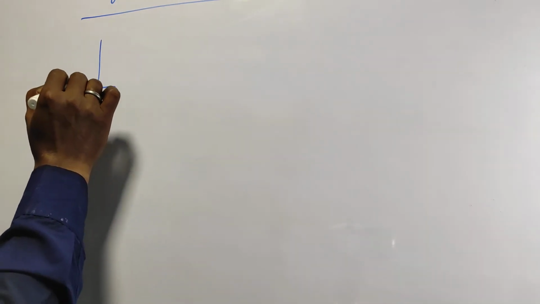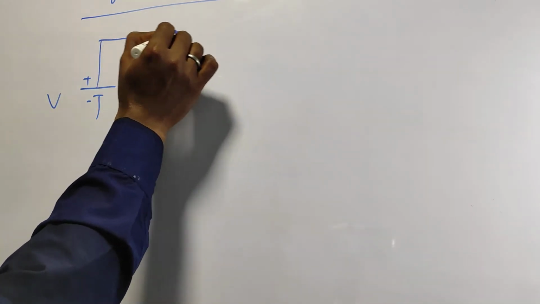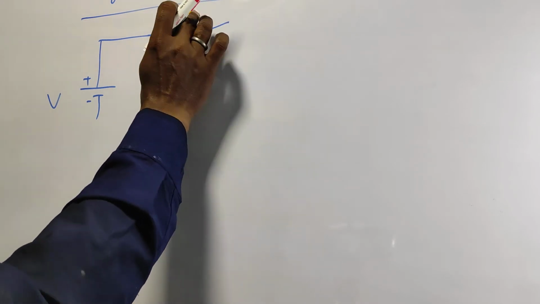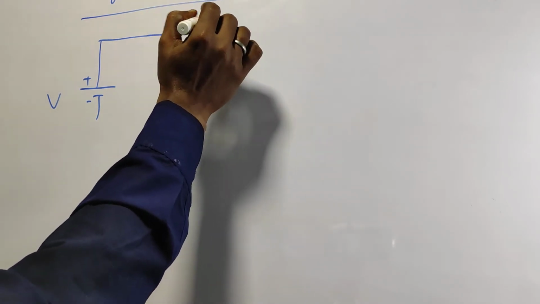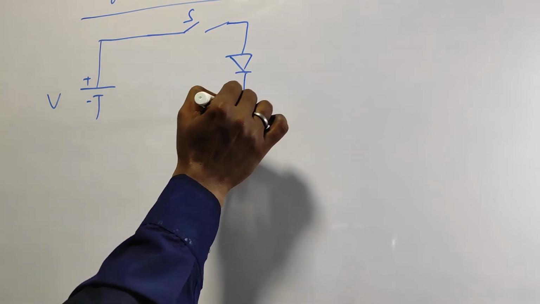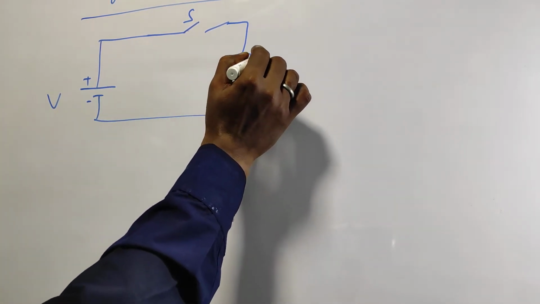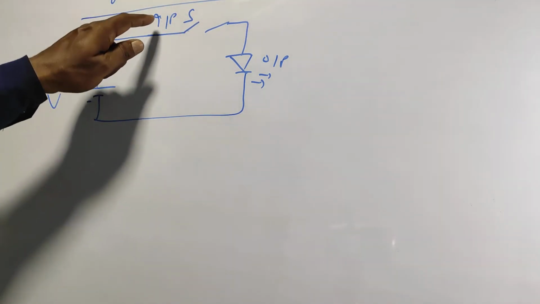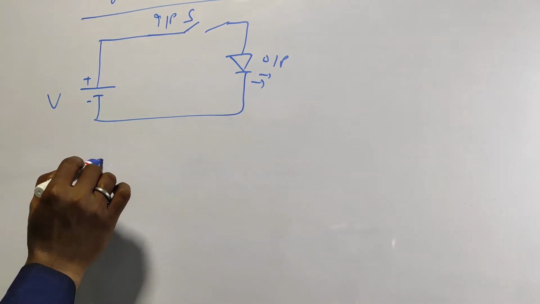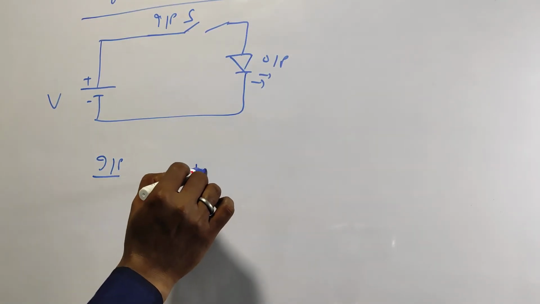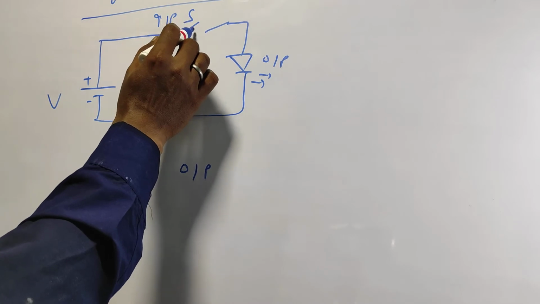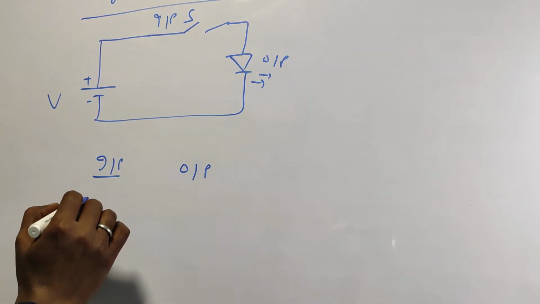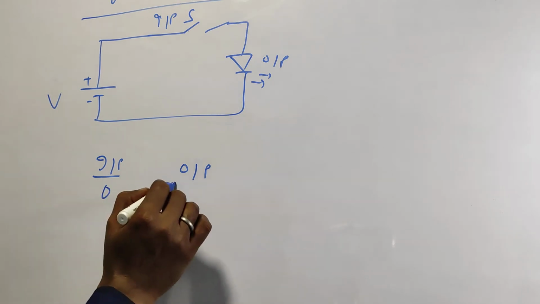I will explain. This is a DC power supply, and this is a switch. This is an LED bulb. This is the input, this is the output. When the input switch is open, that is logic 0, the output LED will not glow.